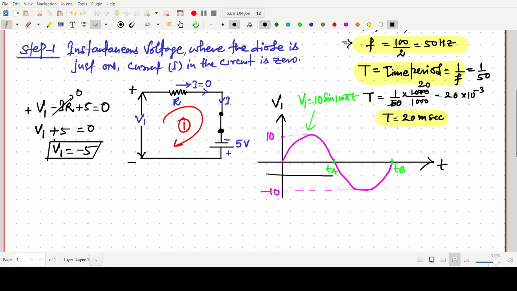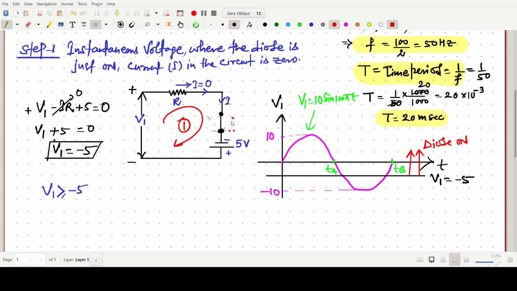So can we draw it like this? V1 equals minus 5. This is the transition point. Above this, for any voltage V1 greater than or equal to minus 5, I have already shown in theory that the diode will be on, because this value is greater than minus 5.